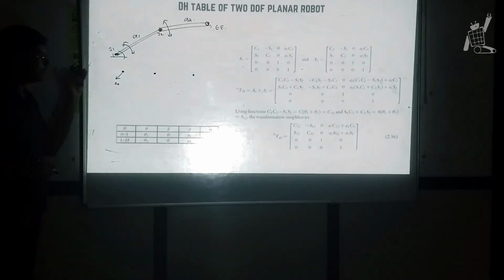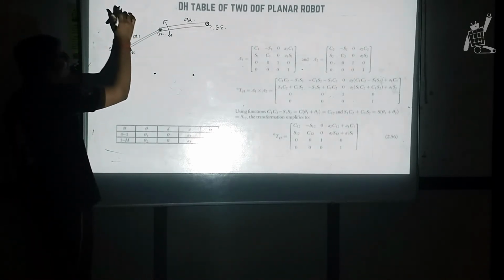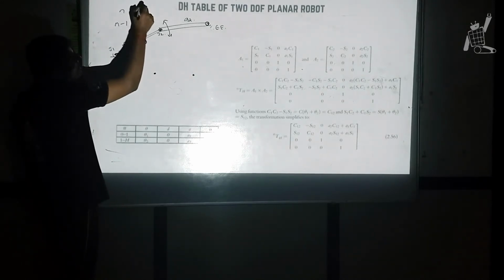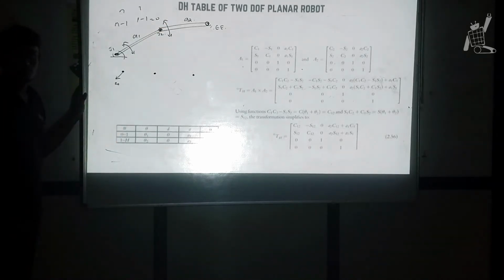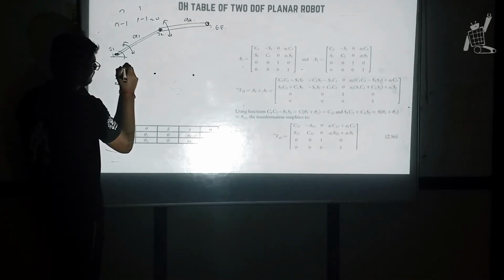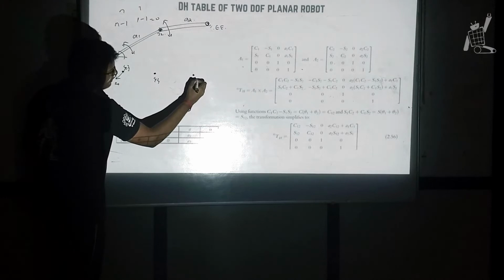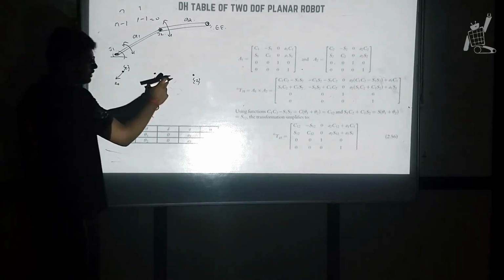If the joint is n, then the frame will be n minus 1. So if the joint is 1, the frame will be 0. This is the 0th frame, this is the first frame, and this is the second frame.